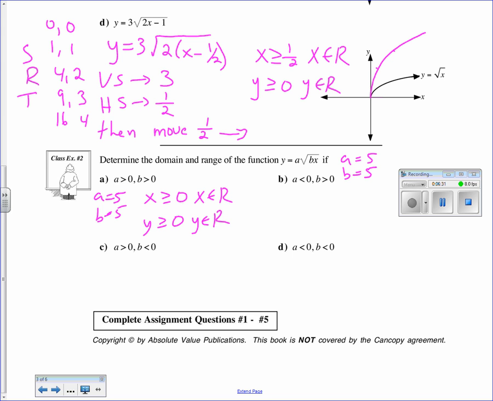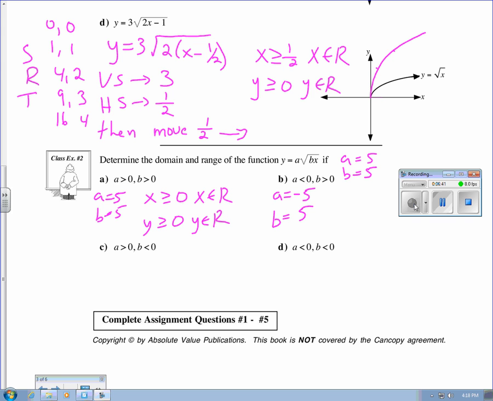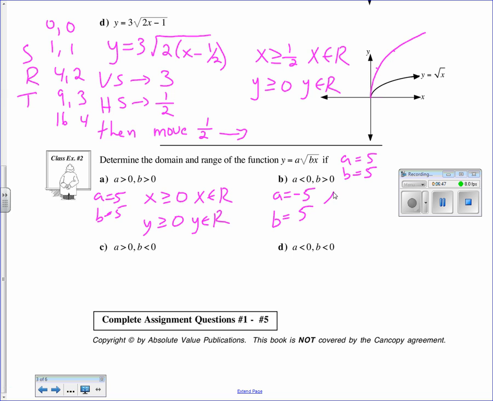As soon as a becomes less than 0, I'm now talking about a being negative 5 and b being 5. What happens to my domain and range? Now I end up still with x required to be greater than or equal to 0, because I still have to square root something that's positive, and x is an element of the reals.